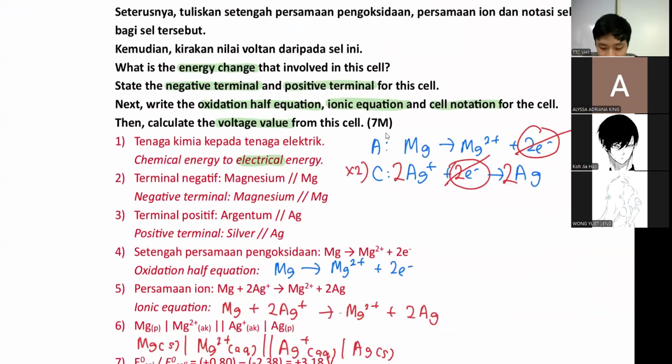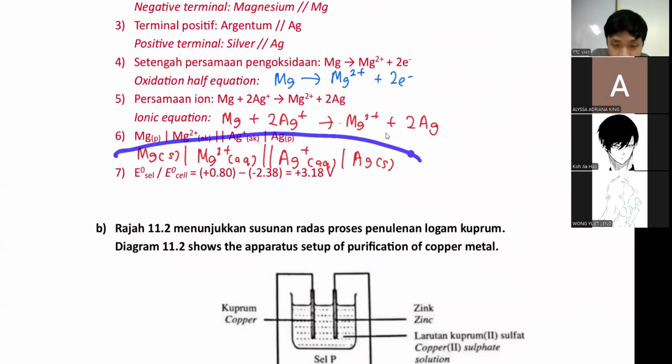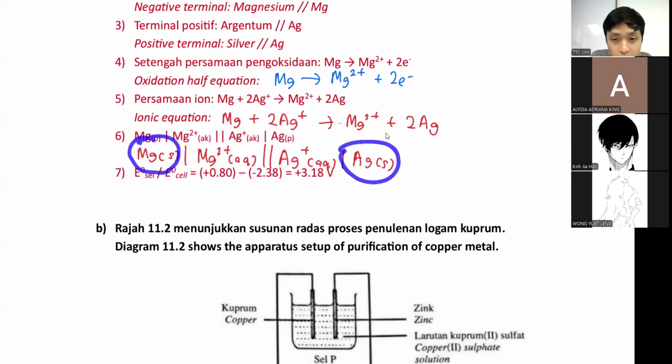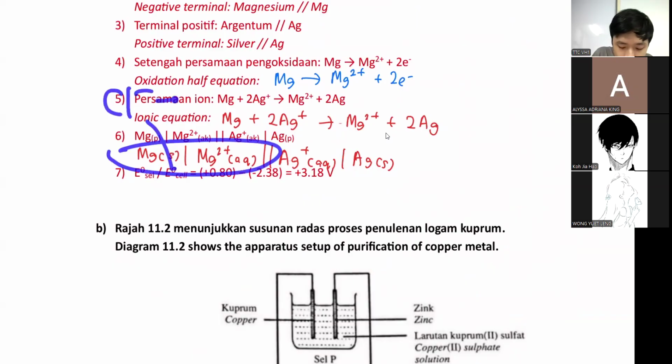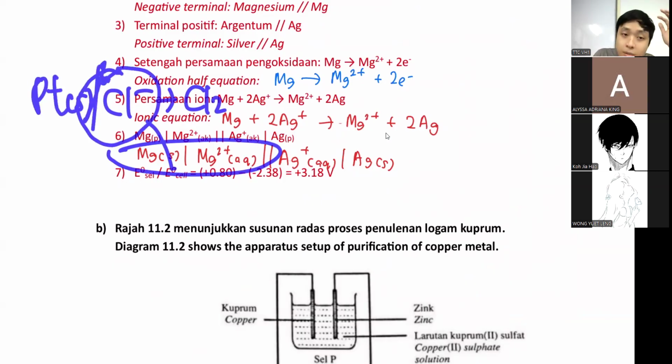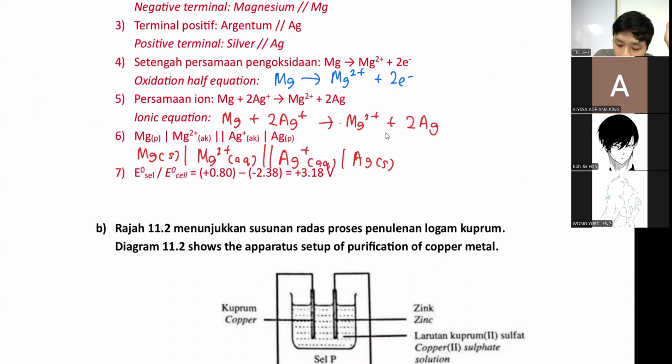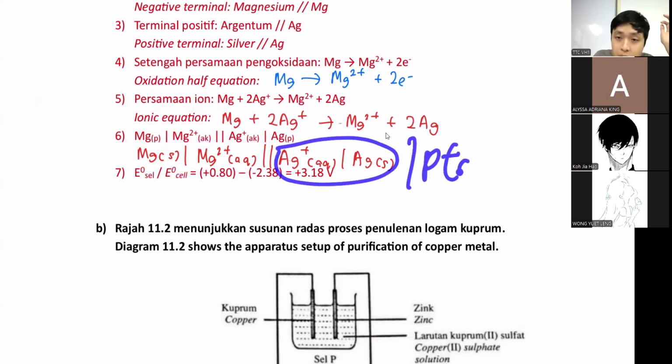That means, let's say your cell notation, your beginning and your ending should have an electrode. If let's say you change Cl minus to Cl2, the Cl minus is not the electrode. So that's why in front you have to put platinum solid first, or sometimes it can be ending platinum solid.